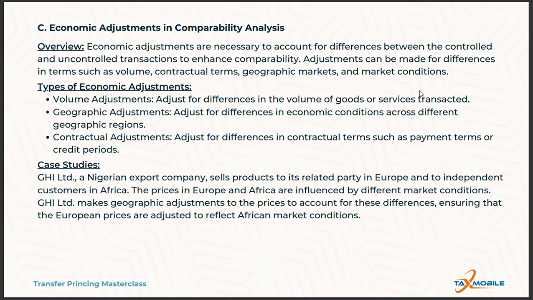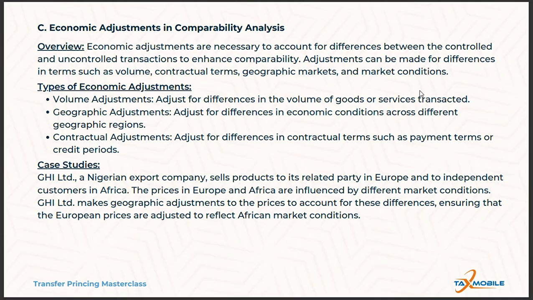Then there is geographic adjustment: differences in market conditions across regions might require price adjustment to account for varying cost structures, competition level, or consumer behavior. For example, a product sold in a high demand, low competition market will likely fetch a higher price than the same product sold in a more saturated market.